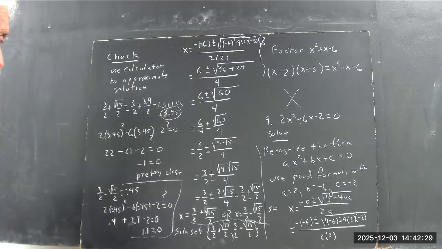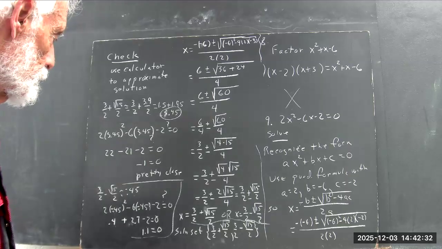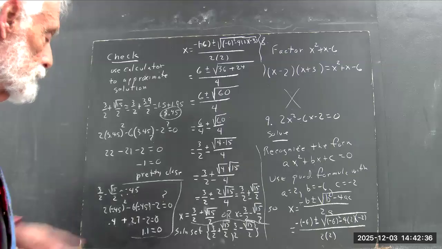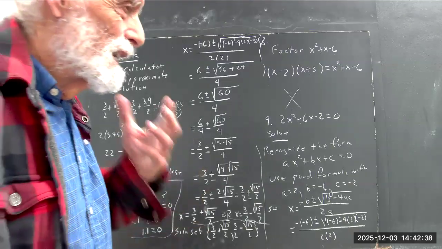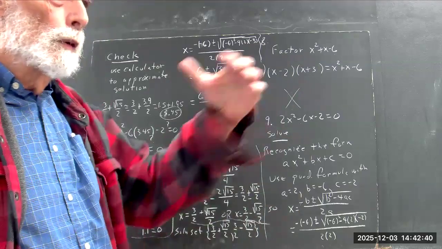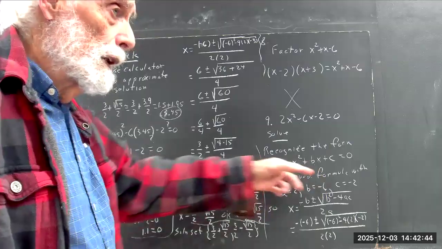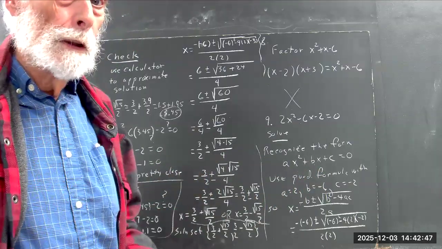Should come out closer. But there it is. Okay. Now my main message is work problems, refresh your memory, and check everything so you know whether you're doing them right or not.